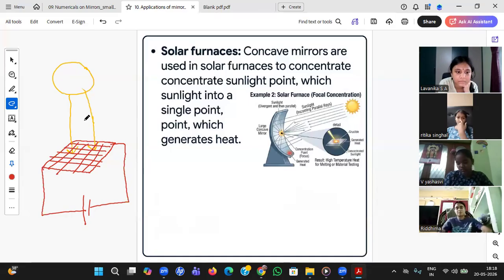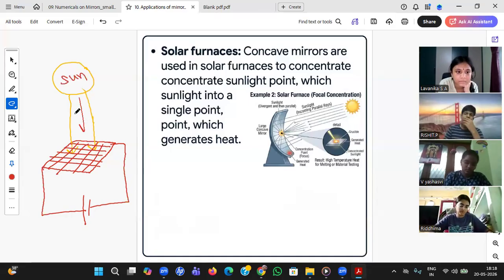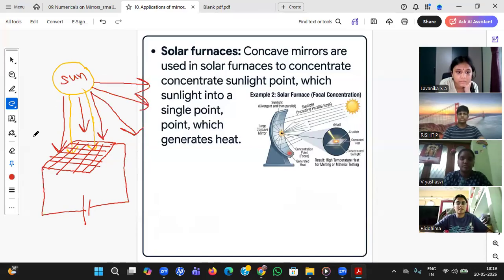Now, student, if there is a sun, hardly 2 rays or 3 rays or 10 rays will fall on it, but not more than that. Many rays are just going sideways. Much sunlight is wasted, beta, because the sun obviously goes in all directions.